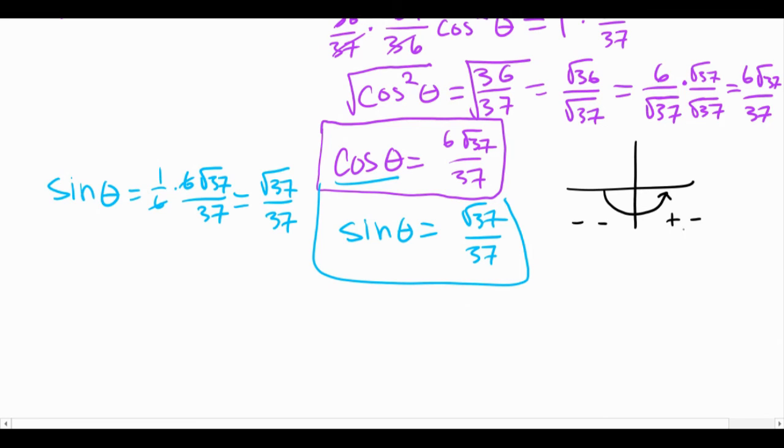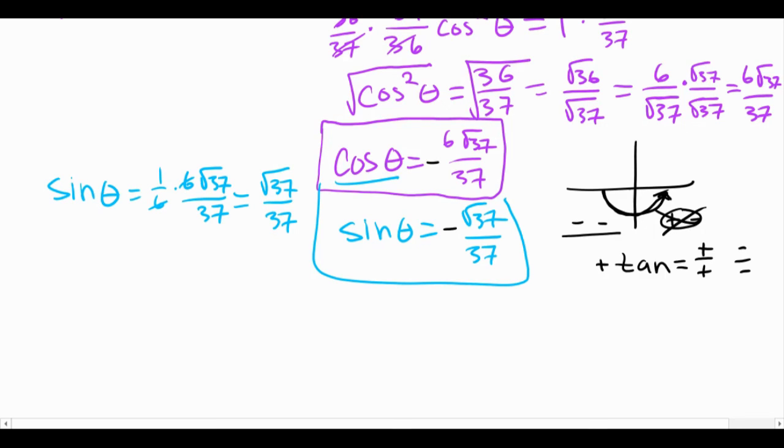And in this case, remember, sine divided by cosine is equal to tangent. Since we had a positive tangent, that means the sine and cosine either had to be both positive or both negative to make that tangent positive. In this case, since it's one of these two combinations, it has to be both negative. So my final answers for both of these are going to be negative.